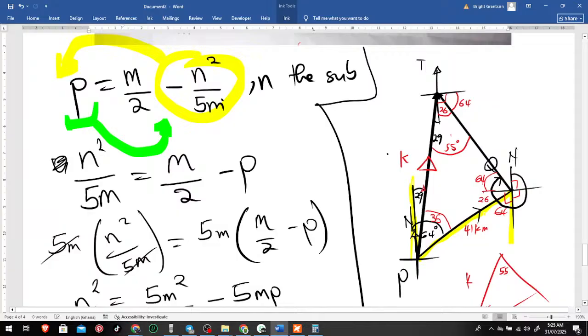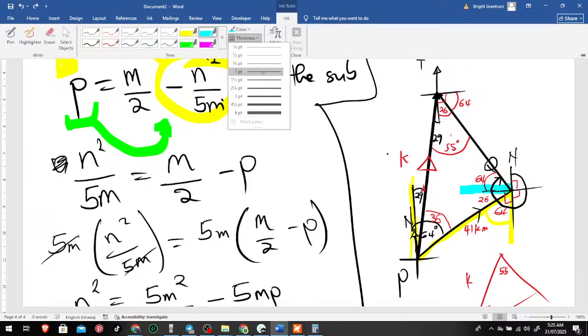So this is 90 degrees. 90 minus 64, it's 26. So 64 makes this angle perpendicular. Right? It makes that small angle 90 degrees. Everything here becomes 90 degrees.